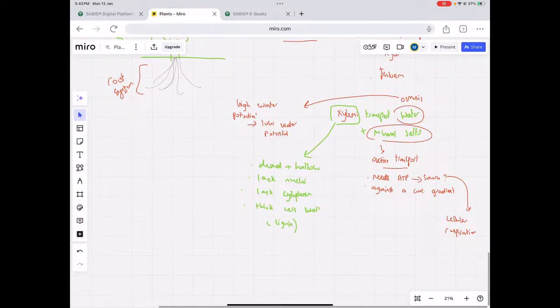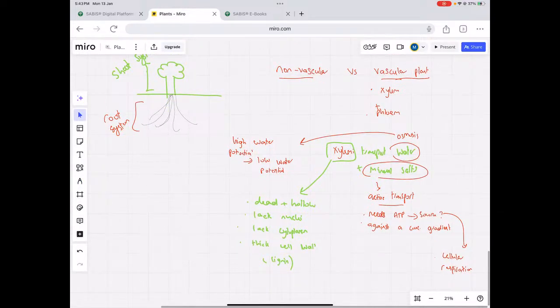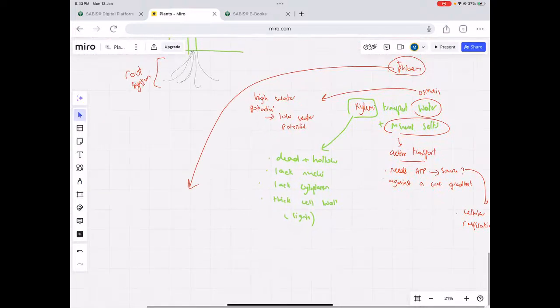Now, to move on from xylem, the other part of the vascular bundle is the phloem. What does phloem transport? It transports sucrose, carbohydrates. We call this process translocation.